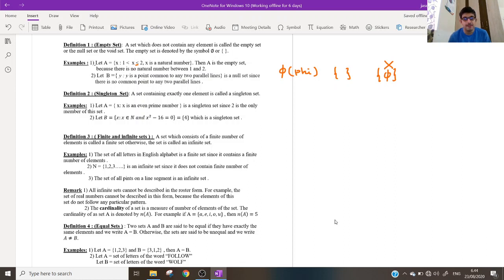This means a set containing the element phi, where phi is a Greek alphabet. So this is a set, not a null set, since it has an element phi. Whenever you are writing a null set, you have to use either phi or an empty bracket.